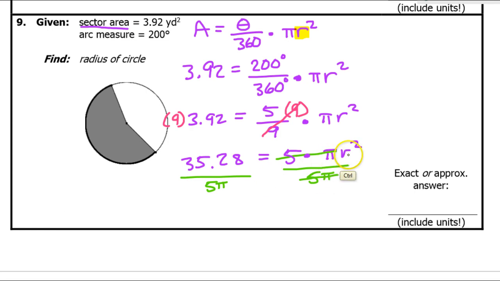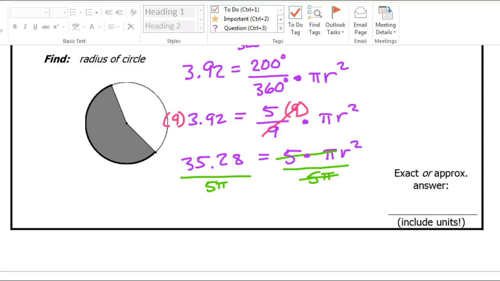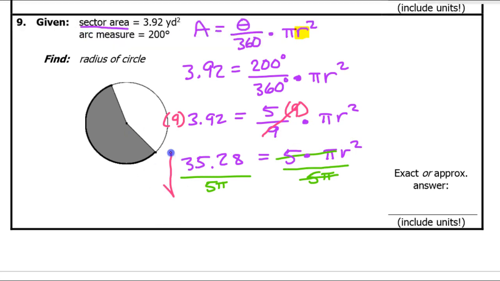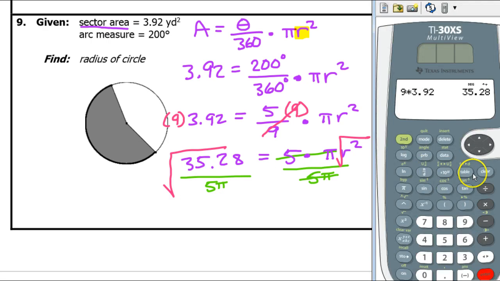Okay, so in order to get r, I don't want r squared, I just want r. So what I need to do next is take the square root of both sides. So do not turn this into a decimal first and then take the square root of it. Just take the square root of the entire thing, to avoid unnecessary rounding. If you make this into a decimal first, your answer will be a little bit off.